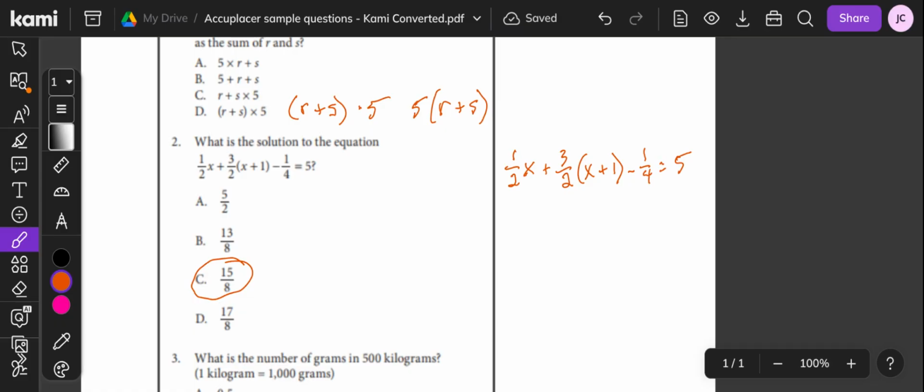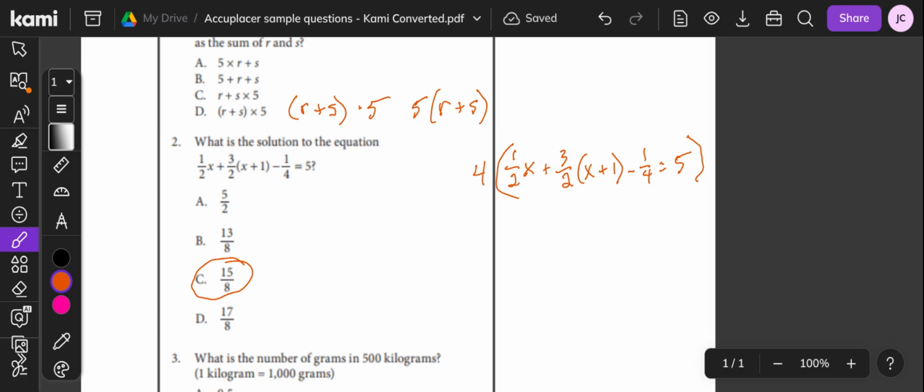First thing I would do is figure out how I'm going to get rid of the denominators. The best way that I know to get rid of the denominators is to take the largest one, which is that 4 right there, and multiply the whole thing, everything, by 4.